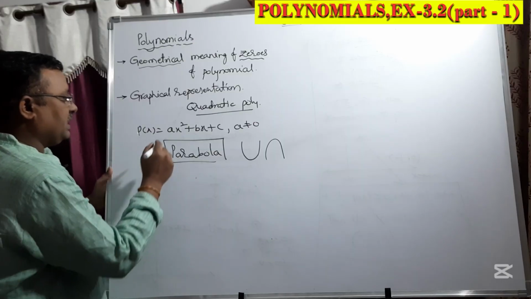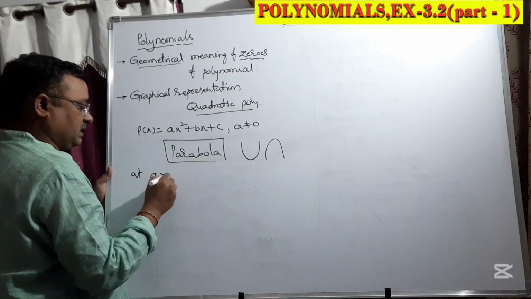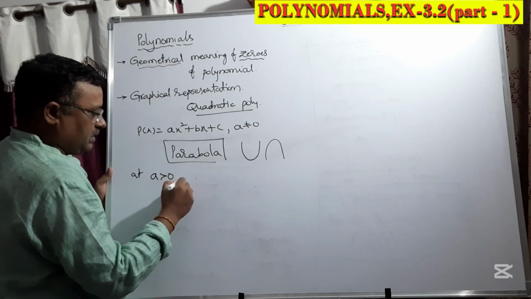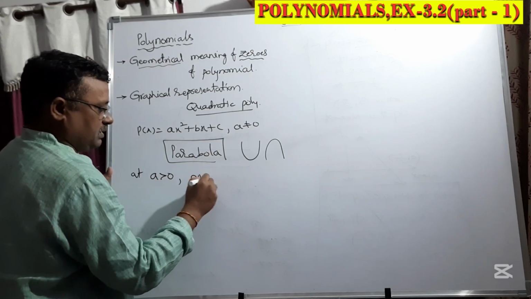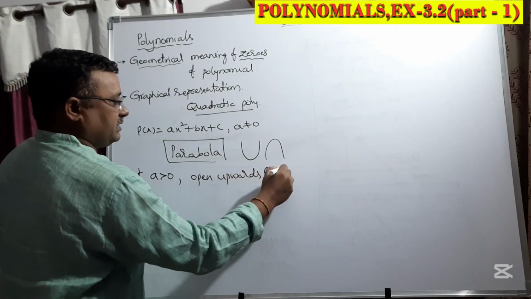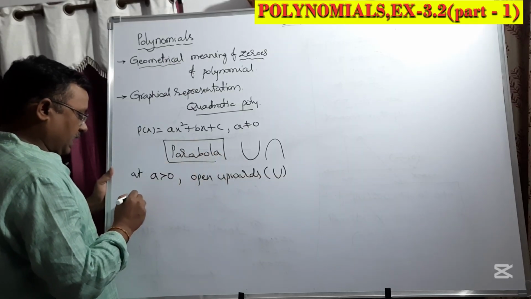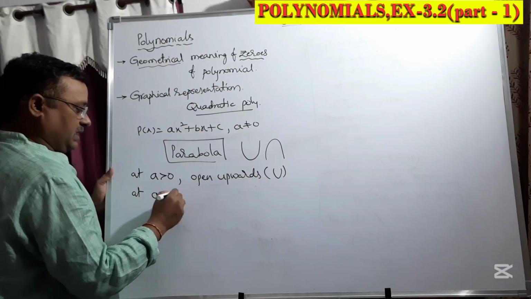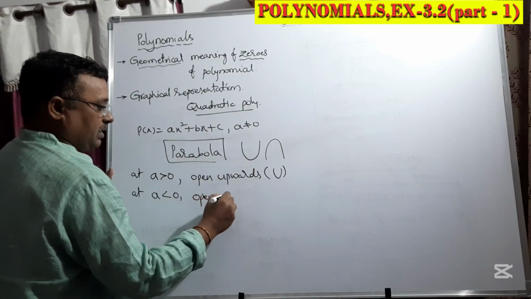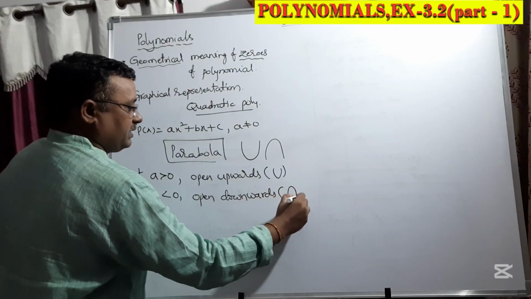Listen to me. If the x square coefficient a is greater than 0, meaning positive, the parabola automatically opens upwards, like this, a U shape. If the x square coefficient a is less than 0, negative, then it opens downwards, a reverse U shape.